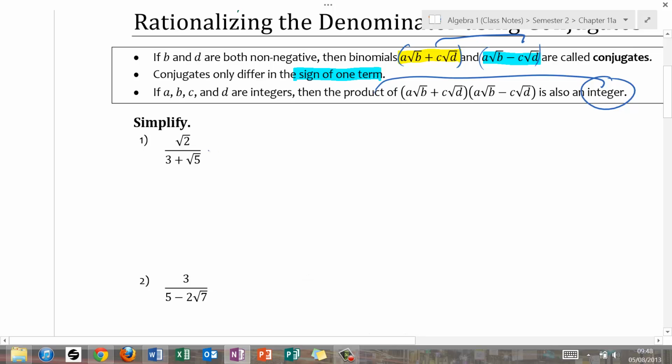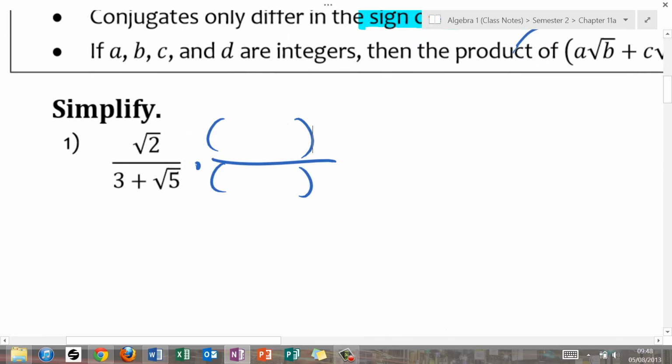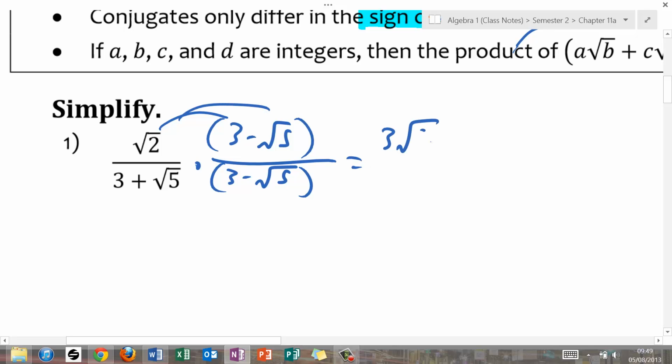We start by multiplying by the conjugate in the denominator, numerator and denominator, because this is the only way that I have to get rid of this 3 plus radical 5. If I do that, we start with 3 minus radical 5, 3 minus radical 5. The numerator I have to distribute. 3 times the square root of 2 minus the square root of 10.